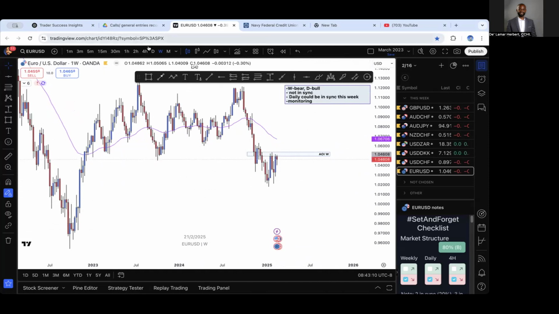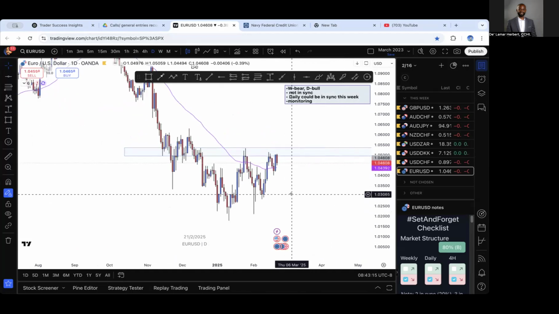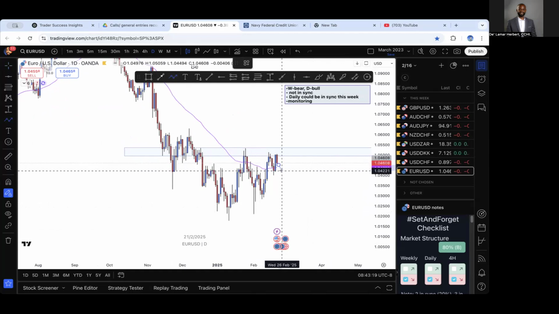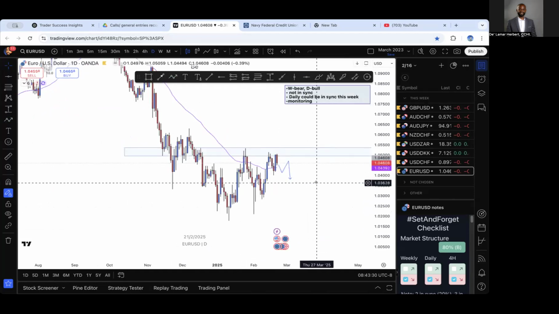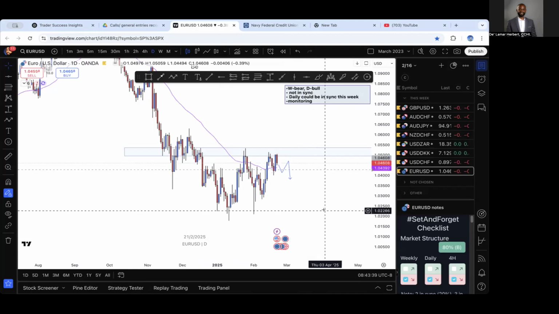We're bearish on the weekly, bullish on the daily, but it's not going to take more than probably a few days before we're in sync, maybe make a pullback and then go. I like this idea. We wouldn't even look at the 4-hour until we're in sync here, but this could happen. So I'll just put an alert here, just in case we have that movement, because that can happen this week.